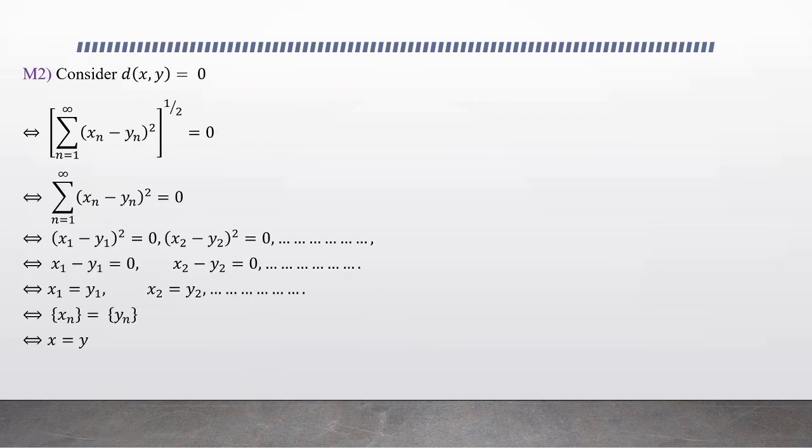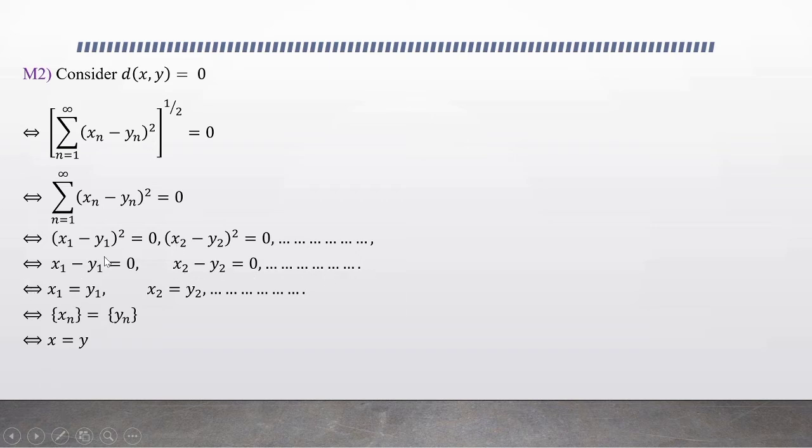Now, next, that is the coincidence. So, consider d of xy is equal to 0. Putting the value of d of xy here, and now taking square of both sides, 0 square is 0, and we get this value. Now, here summation of all square values is equal to 0, so individual square values must be 0. From that, we get x1 minus y1 is equal to 0, x2 minus y2 equal to 0, and so on.